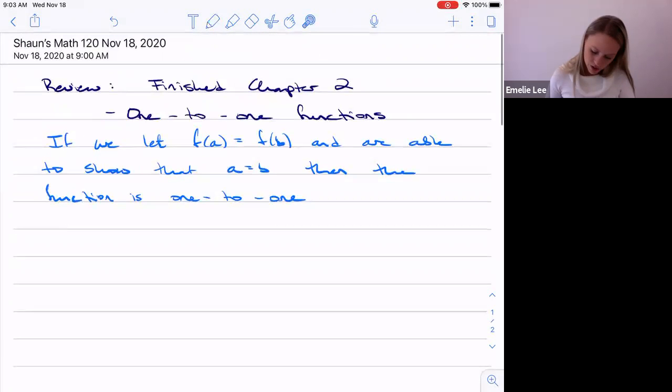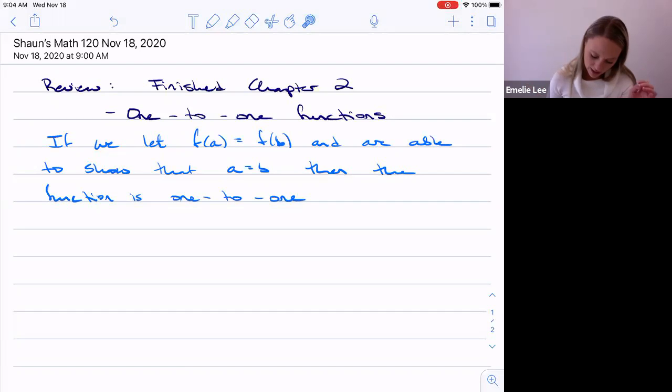Which just says that if you have the same output, well, those inputs would have to be the same. So there's no way to get the same output for different inputs. If you think about x squared, for example, I can put in x equals -2 and get 4, but I can also put in x equals +2 to get 4. So I get the same output for different inputs. That's not one-to-one.